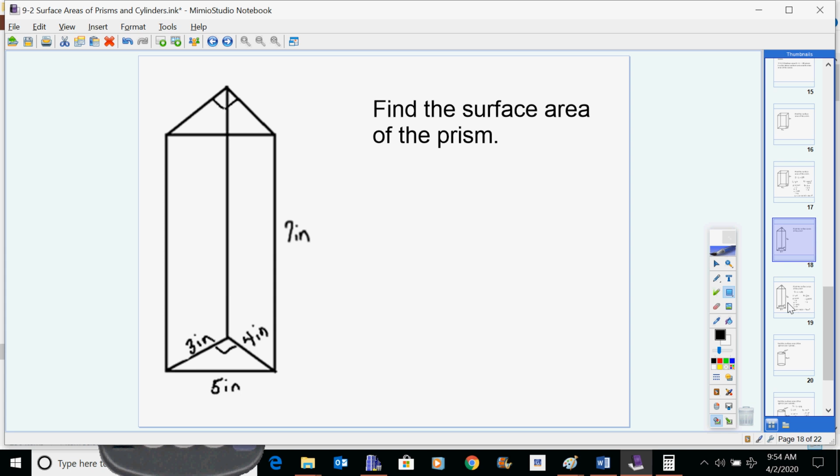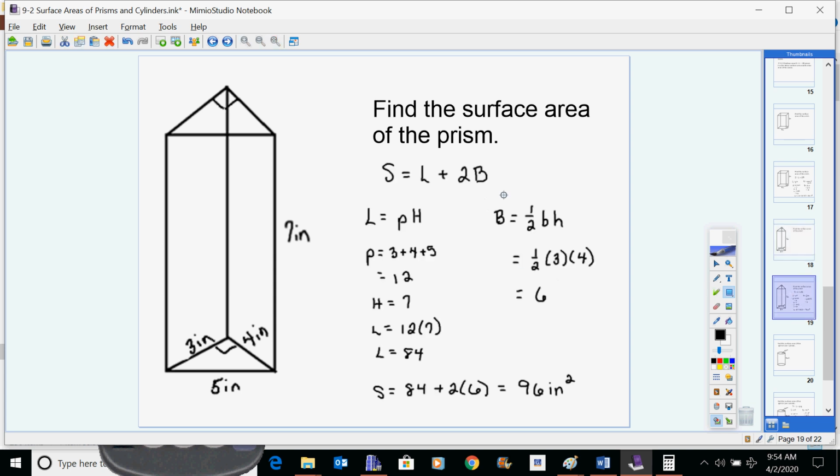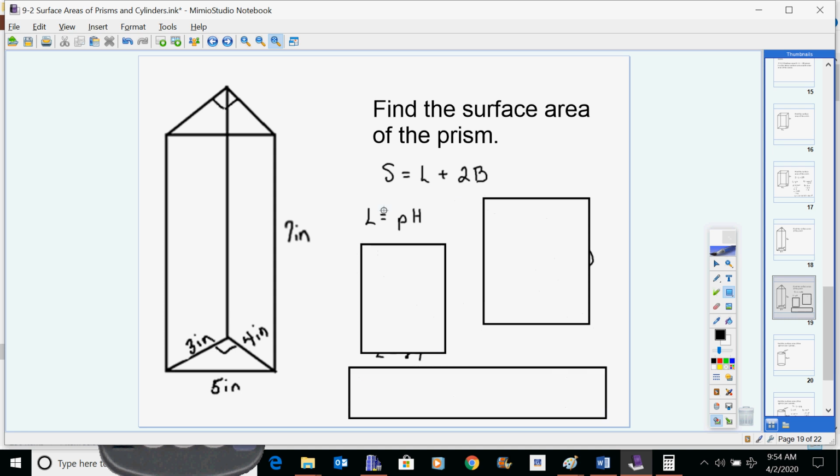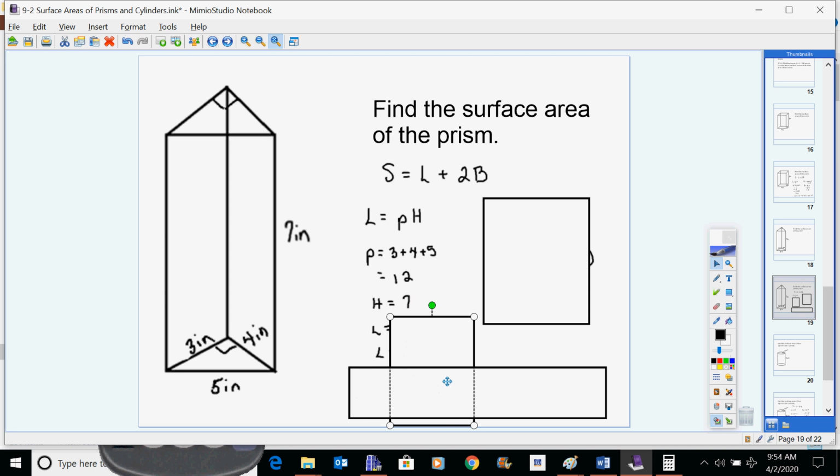The lateral surface area on this would be pretty simple to find. Here's my perimeter and here's my height: 3 plus 4 plus 5, 12. And then 7 is the height, so we have 84 for our lateral surface area.